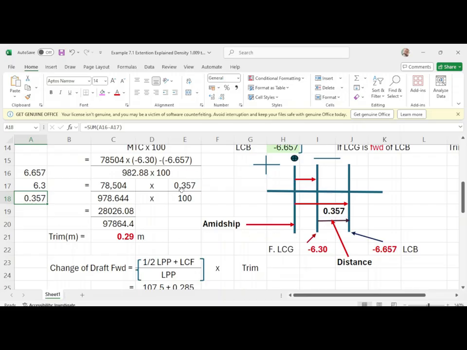So now you have this value of 0.357 multiplied with your displacement. That will be 28026.8 over MTC times 100.